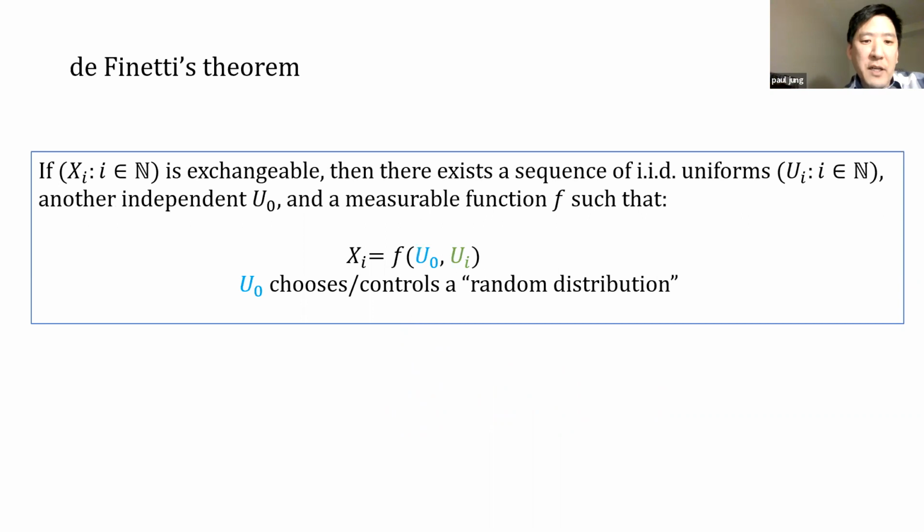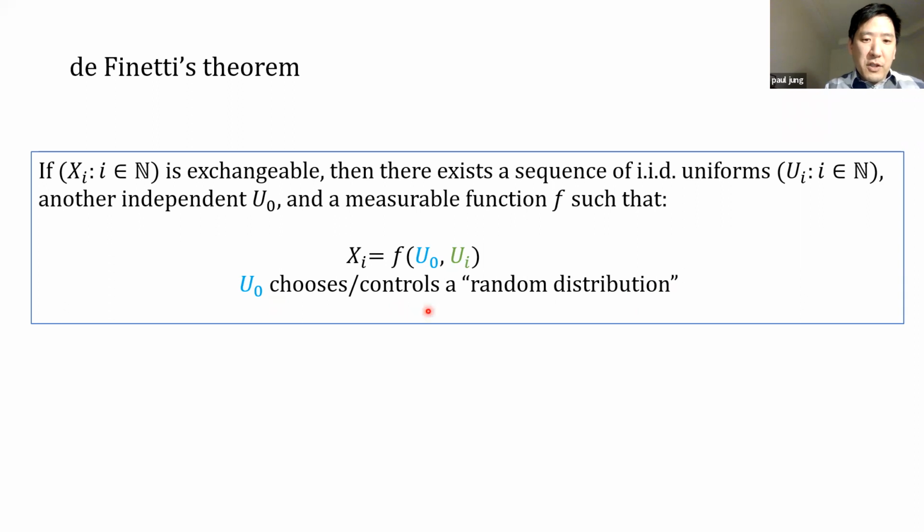Here, instead of omega, I'm going to call it U0 because, as I said already, we can think of any random variable as being on the probability space [0,1] with some uniform random variable providing the randomness. So here, U0 is providing the randomness of the random distribution. Okay, so as you can see in this bottom line.